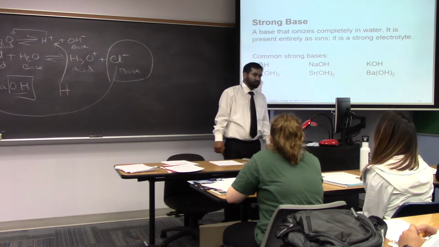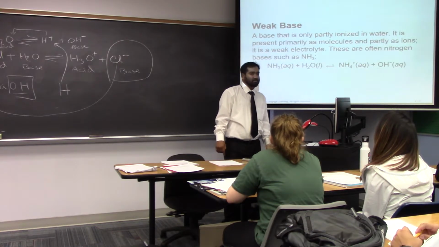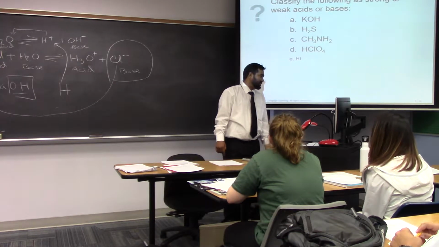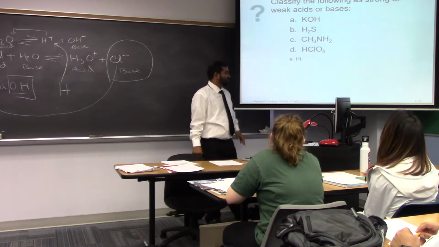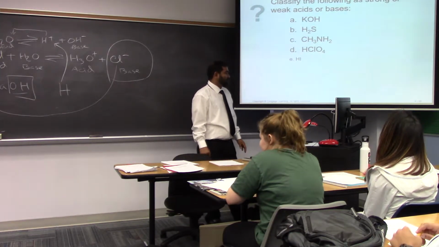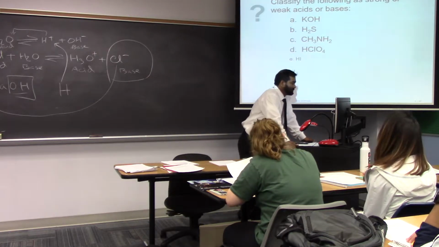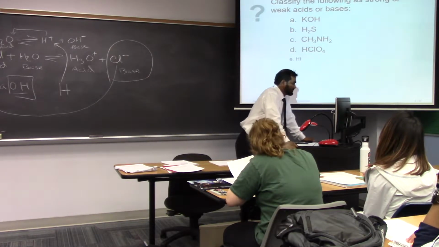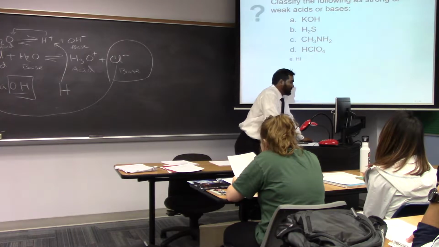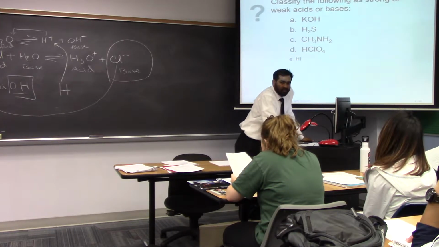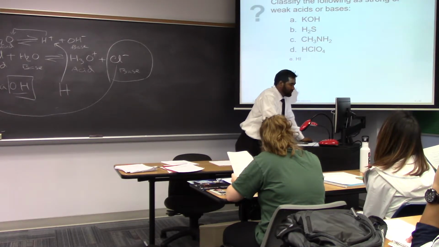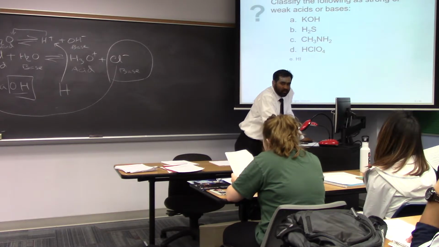And strong base. How do you know weak base? Not on the strong base list. There you go. Okay. Potassium hydroxide is strong or weak? Strong, because it's on the list. Hydrogen sulfide is an acid or base? Acid. Strong or weak? Weak. It's not on the list.